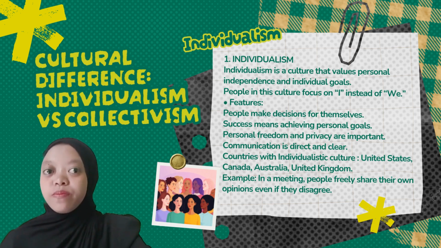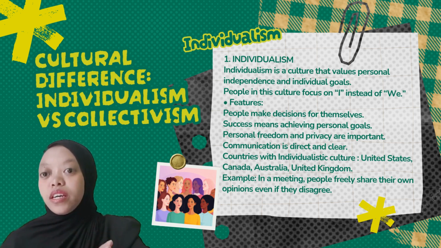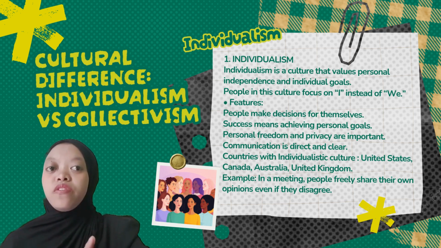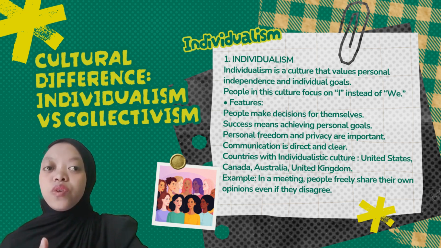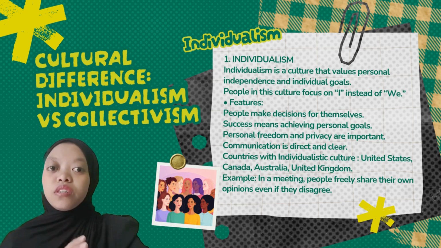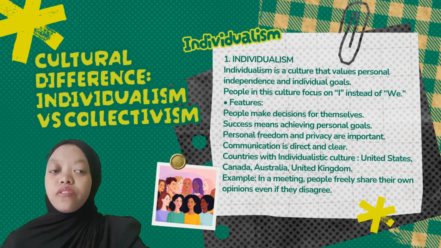Now, let's move to our topics: cross-cultural understanding, individualism, and collectivism. In individualism, people focus on themselves and their own goals. They believe everyone should take care of themselves and make their own decisions. Success means achieving personal goals, and freedom and privacy are very important.